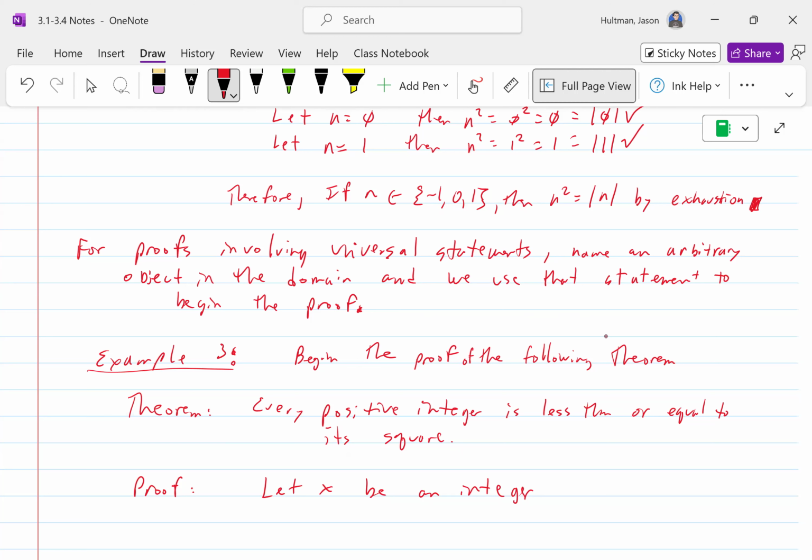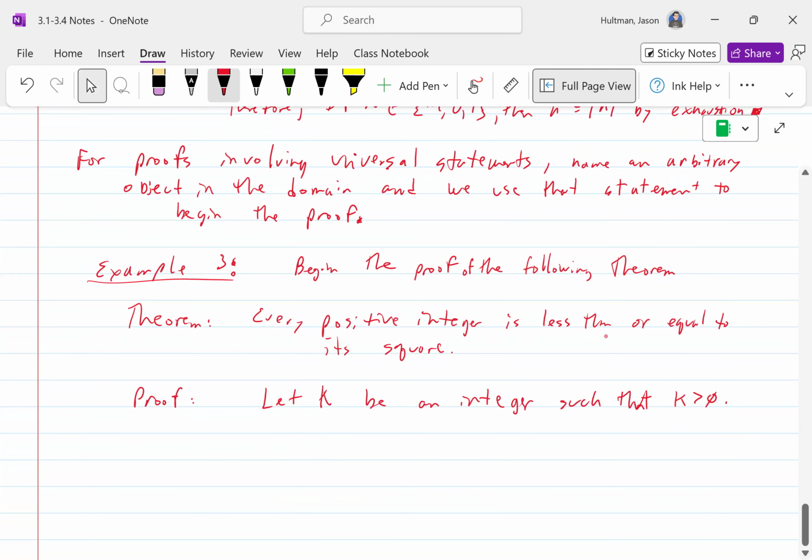We'll go back to k. Let k be an integer such that k is greater than or equal to 0. Okay, so in the proof that we did, we just said, hey, let k be an integer. Okay, an object in the domain.